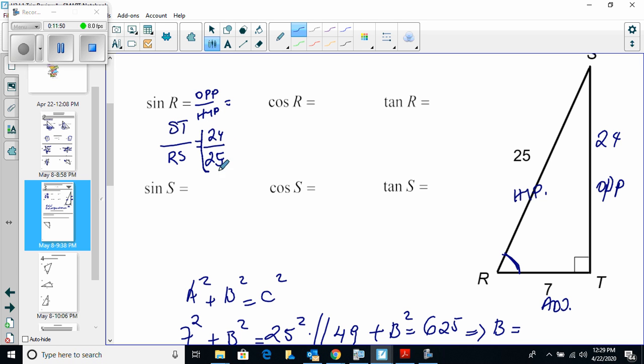So this is the sine of angle R. Now cosine will be adjacent over hypotenuse, because of CAH, so the adjacent of angle R is RT, which is 7, and the hypotenuse is always RS. So the answer will be 7 out of 25.